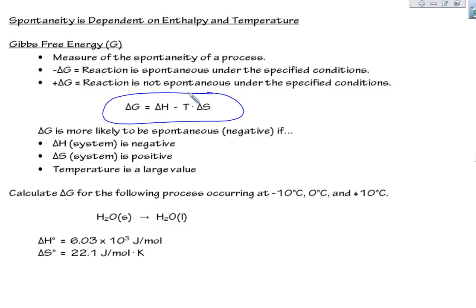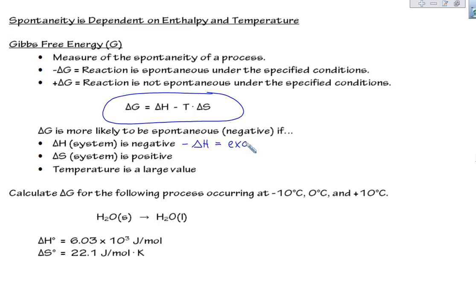It's really going to let us take into consideration a couple different variables that could affect spontaneity. So one of them is delta H. Delta H is like that change in enthalpy, energy change. And we said that if delta H is negative, the reaction is exothermic, that is likely to be spontaneous.